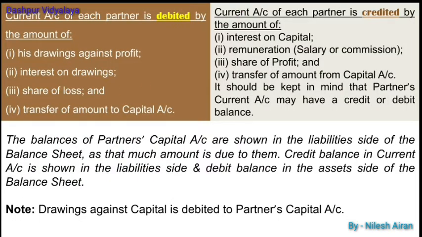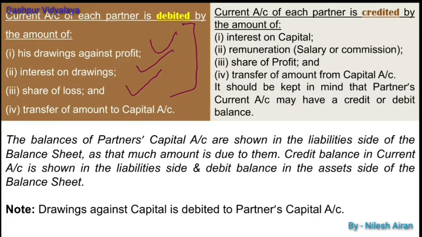We can see here in the current account which amounts are debited: drawings of the partners, interest on drawings, share of the loss and transfer to the capital account. These all amounts are debited in the partner's current account, as they are what we have to get from the partners. As you know, the current account is also part of the capital account.